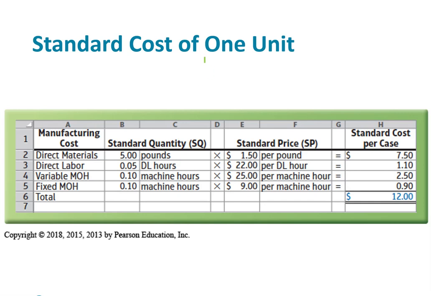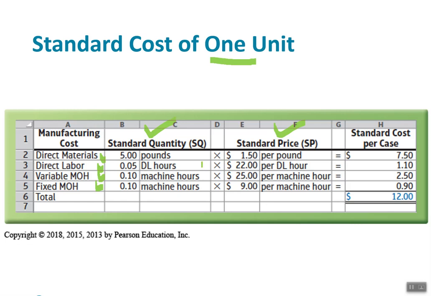If you look at the standard cost card for one unit, and I believe this is for a case of tortilla shells, notice that standards will have a standard quantity and a standard price for each one of those four areas that we talked about: direct material, direct labor, variable overhead, fixed overhead.